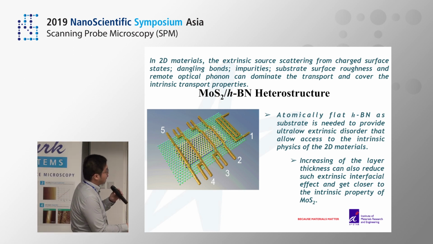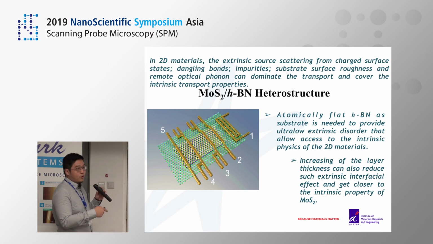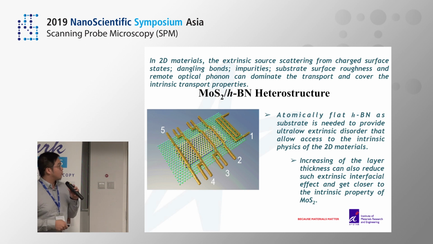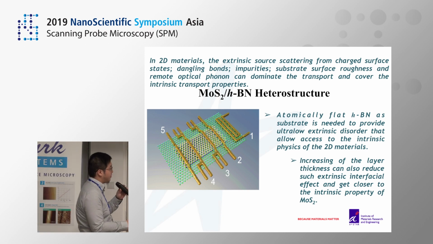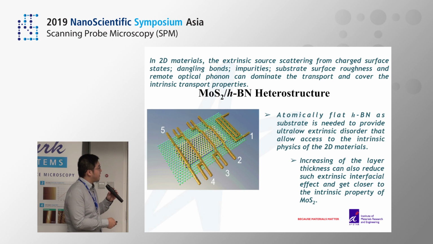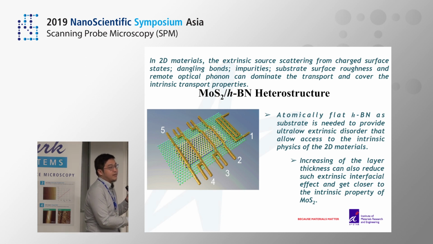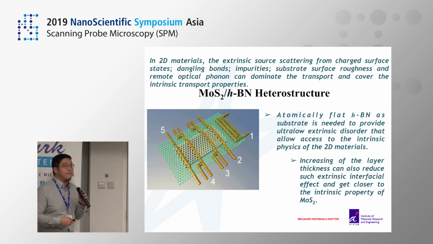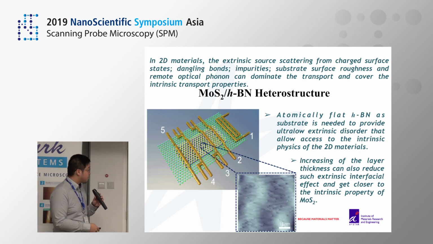With these 2, 3, 4, 5 probes, we can measure the electrical conductivity, and we also fabricated nano thermometers to define the temperature gradient of these materials. With this kind of structure, we can measure the thermoelectric transport of the two-dimensional materials.